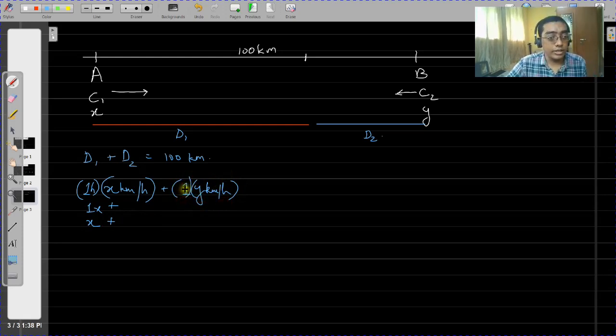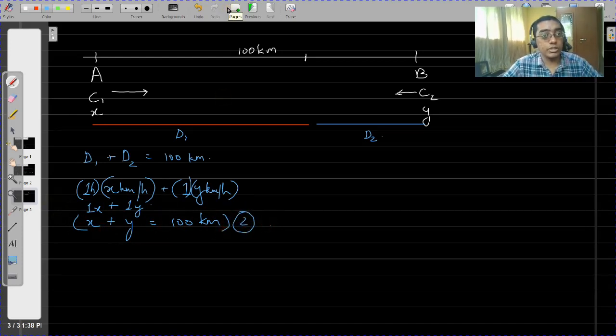I'm writing 1 here because the total time it takes for them to meet is 1 hour. So they travel only for 1 hour. That's why I'm writing 1. Now 1y, or I just write y. And then I put equals 100 kilometers. So now we have the second equation. This is the second equation.